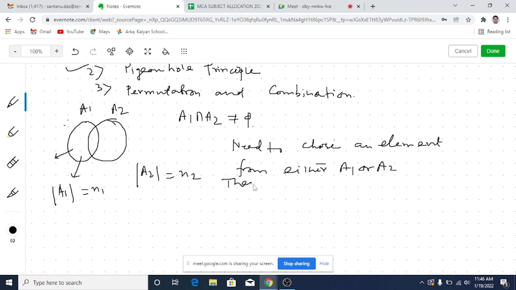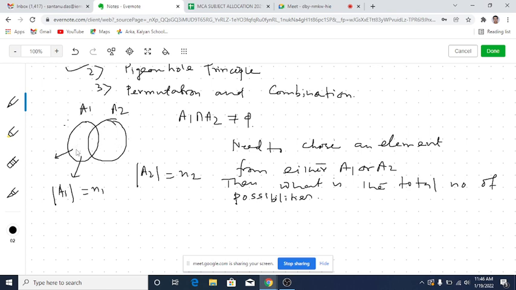Then what is the total number of possibilities? This is your problem. So here, unlike the addition rule, a1 and a2 are not disjoint.